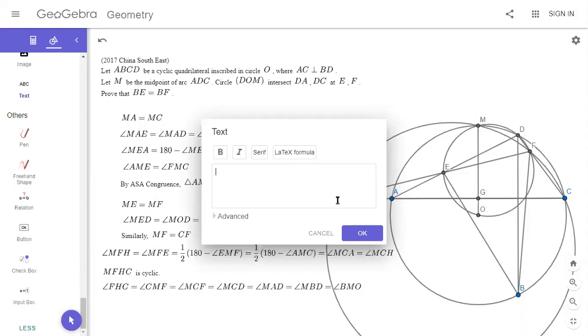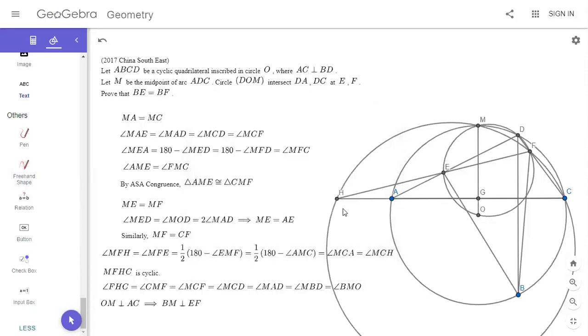Basically I'm thinking OM is perpendicular to AC. So that would imply BM is perpendicular to EF, since the angles between them are the same. Let me see if there's a way to express that better.